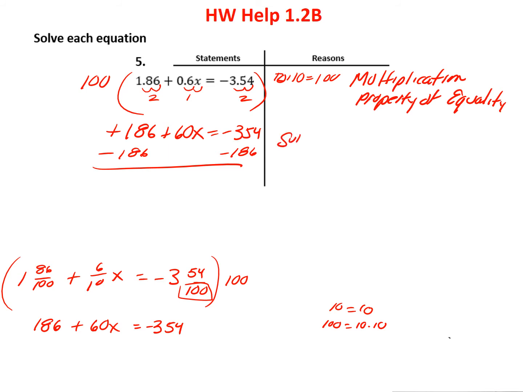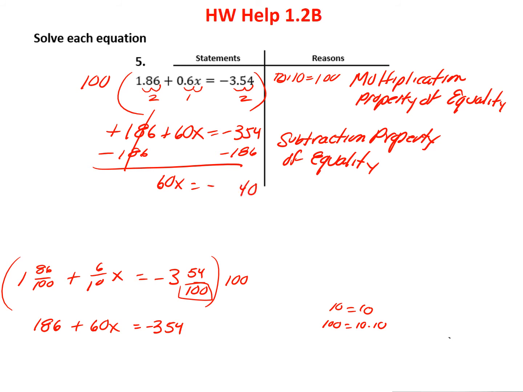And this is the subtraction property of equality. So that goes away, and I have 60x equals, let's add these up, it's a negative, 6 and 4 is 10, 540.